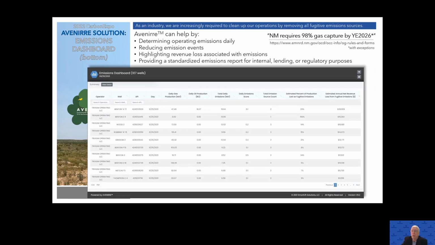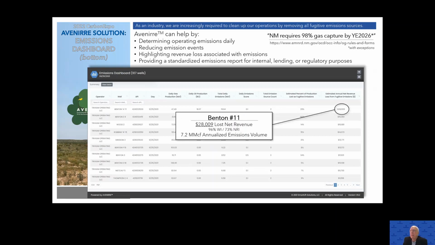The very top well there, it seems economic to put some mitigation efforts toward it, but you can see that it's emitted a fair amount of revenue in that particular year. For a year, it's estimated based on the rate of revenue over a given time period. And so that's something you may want to focus your efforts on, that operator.